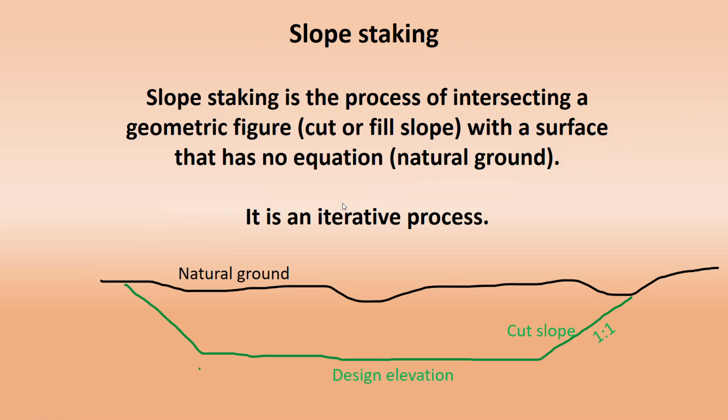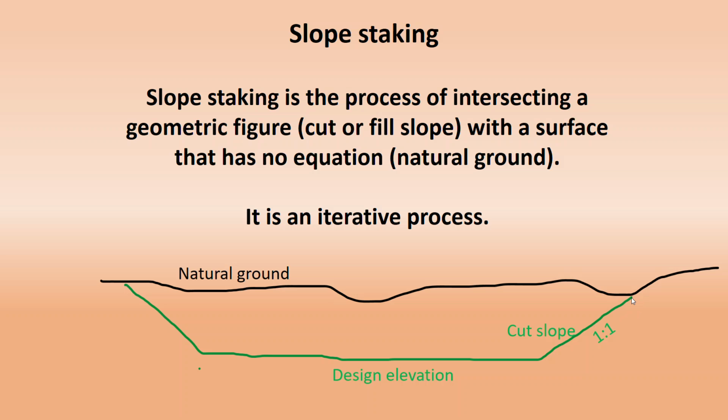It's what you want the natural ground to be modified to reflect. It might be an excavation for a building. It might be a roadway design. And the surface that has no equation, well, that's the natural ground. So if you think about your design feature, it's designed. It's maybe flat, maybe has a crown, and then it has a predetermined slope based on soil conditions.